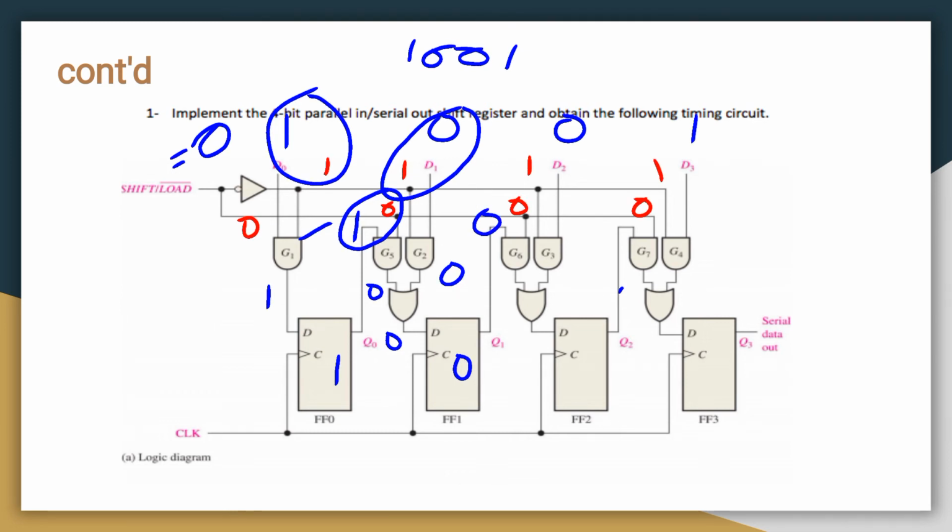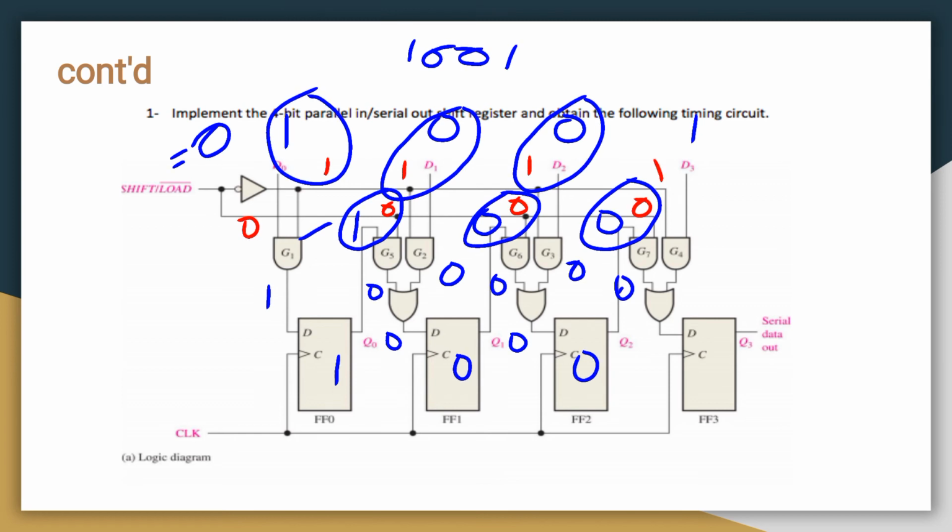For G6, the input is 0, so output is 0. For G3, the input is 1, 0, the output is 0. For OR it is 0, the flip-flop is 0, the output is 0. The G7 input is 0, 0, the output is 0. For G4, the input is 1, 1, so the output is 1.